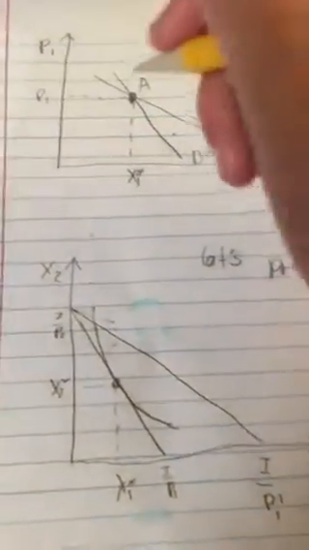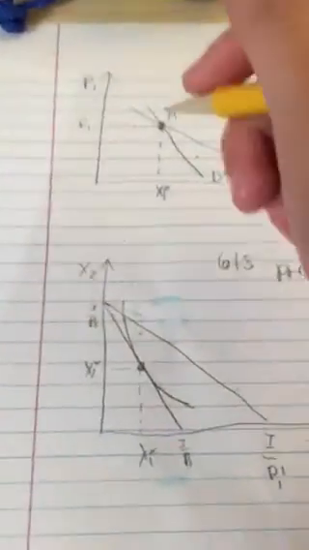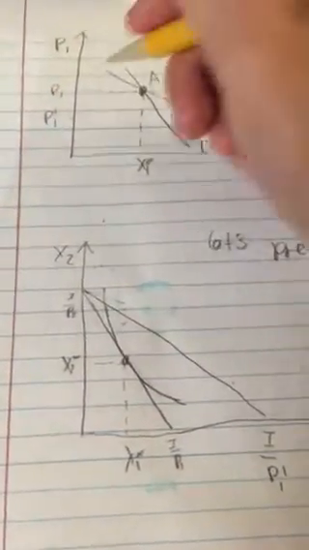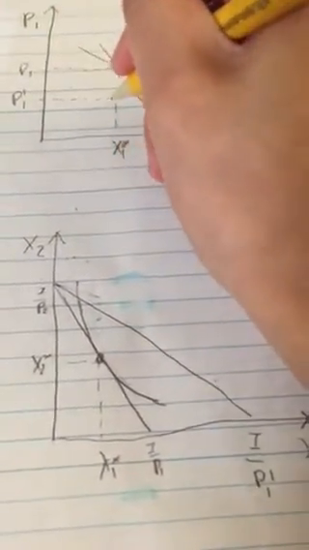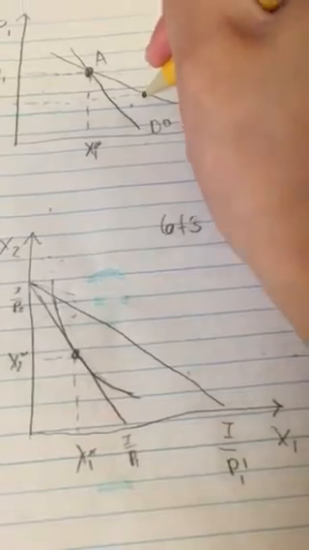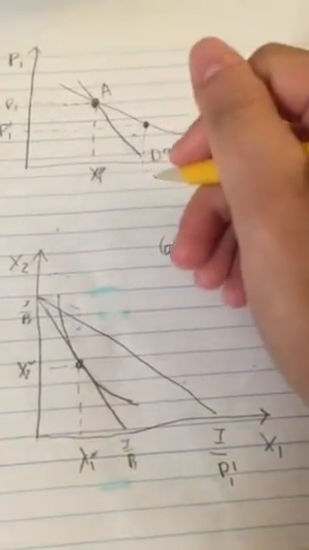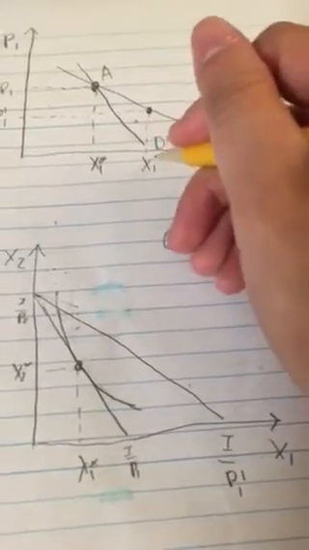We know that the price of good one decreased because we said P1 decreased. So here's P1 prime. So when we're graphing our substitution effect, it should land somewhere here, because this is our compensated. So this would be x1 heart. I'm just naming it heart for the lulz. You can name it whatever you want.